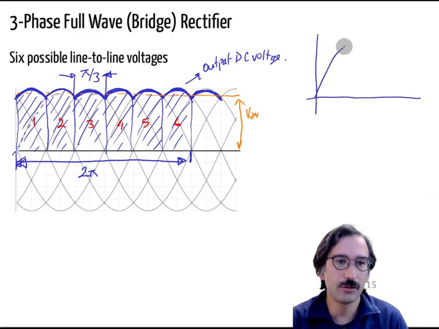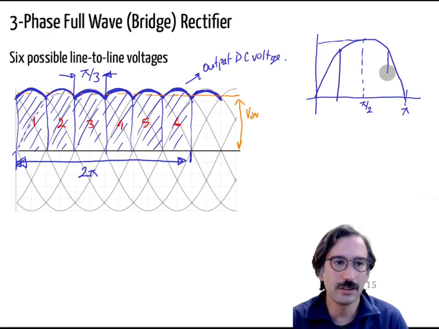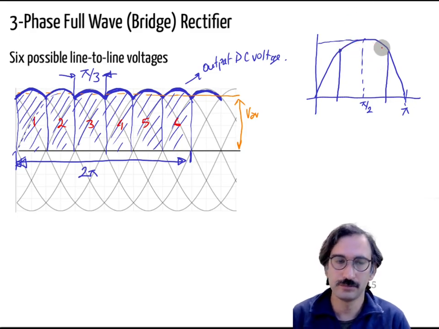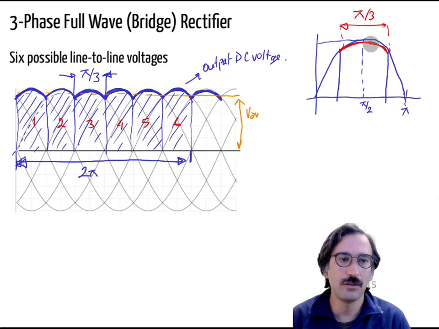So the area I would like to find is, I have that area where that is maximum, and let's say this is pi over 2, and this is pi, and I would like to find that area which is symmetrical. And that distance is 60 degrees, so pi over 3.